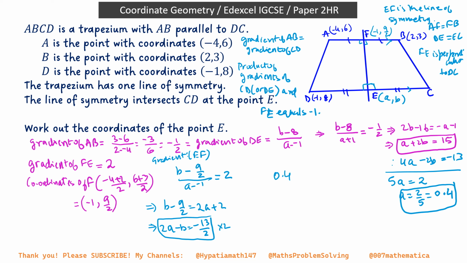So 0.4, or I can say 2 out of 5 in place of A, plus 2B is 15, so 2B is 15 minus 2 out of 5, and that is 15 times 5 is 75 minus 2, so 73 out of 5, and times 1 out of 2, so that is 73 out of 10, and therefore B would be 7.3.